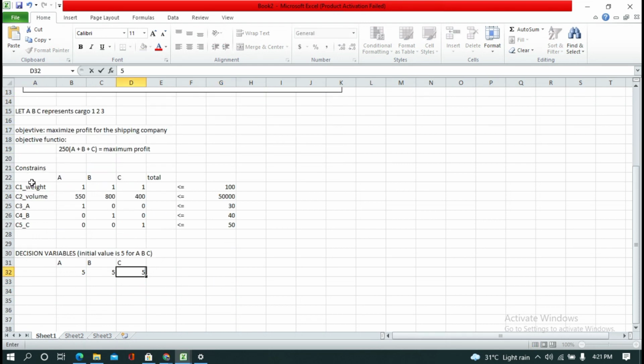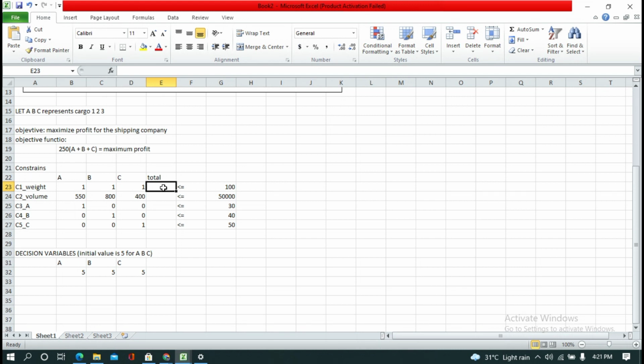So after establishing our constraints, we need to establish our decision variables. For our decision variables, we give an initial value of 5 for A, B, and C. So A is 5, B is 5, and C is 5. And for the total of every constraint equation, we solve using the initial value of 5.